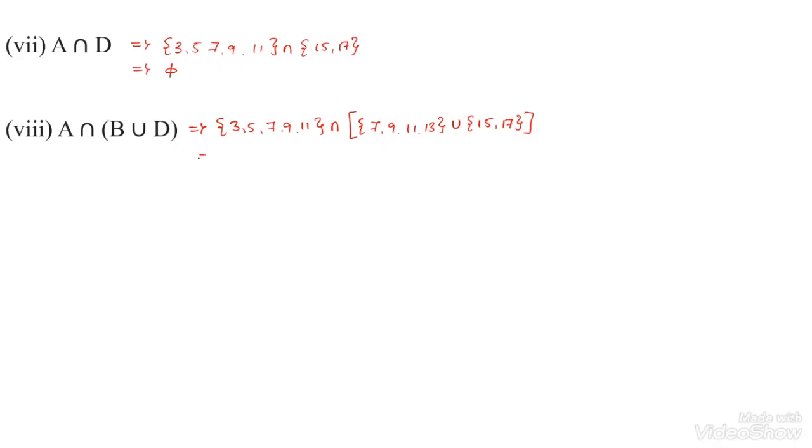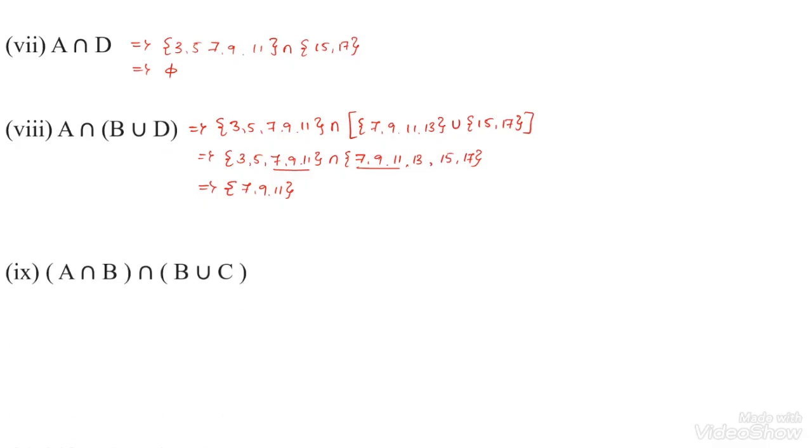First, we have to check the elements of B union D. What are the elements? 7, 9, 11, 13, 15 and 17. In between these two sets, what are the common elements? Only the elements 7, 9, 11. A intersection B union D is 7, 9, 11.